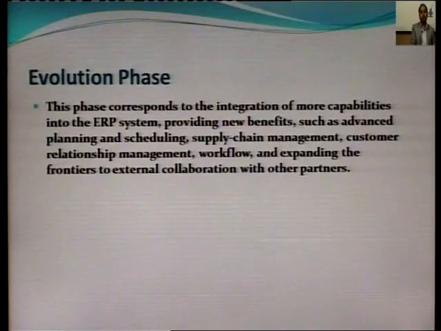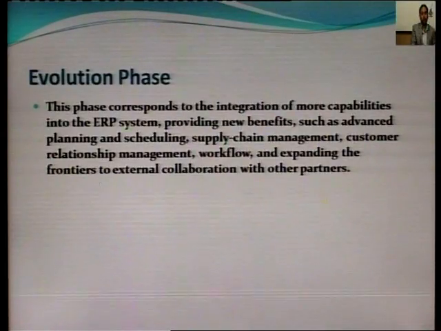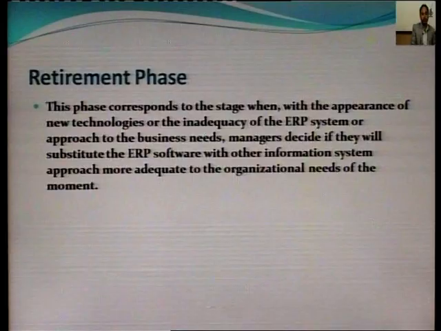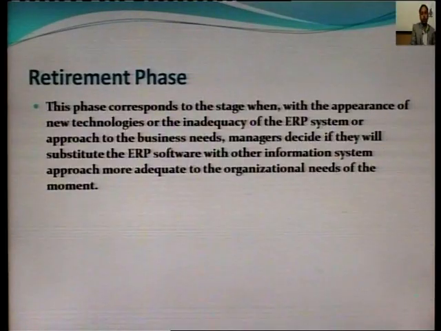This evolution phase is responsible when we want to add new products like SCM, customer relationship management, and workflow. So this phase is needed if we want to add a new product to our ERP system.